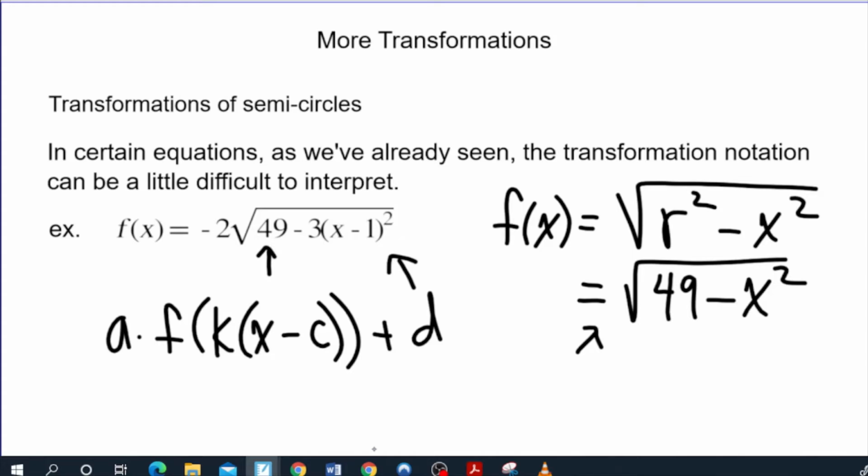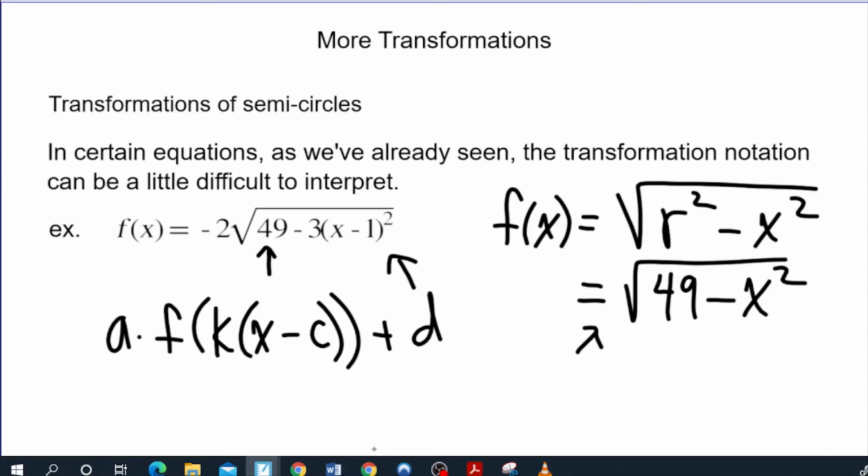It's not A, it's not K, it's not C, it's not D. It's part of the original function's equation, and that will throw some people off. This happens in other scenarios as well that we'll see later on, specifically the exponential graph, but this is the first time I think that this happens in the parent functions that we've already seen.